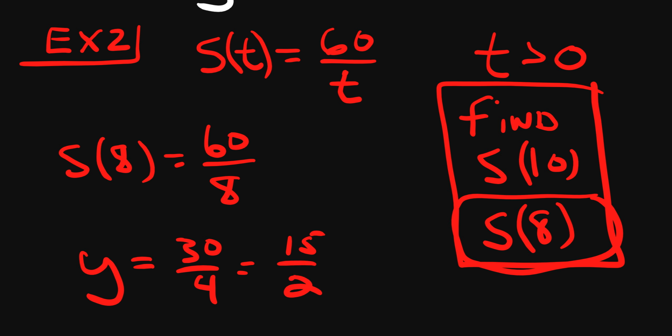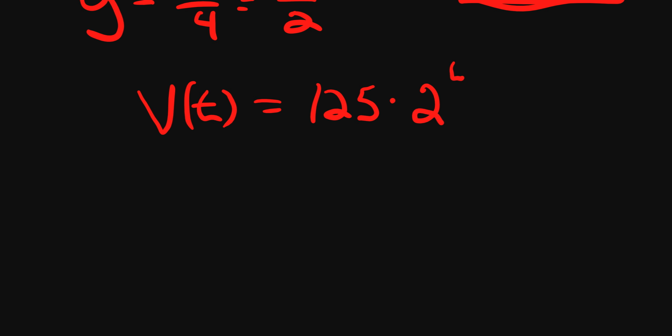And this function is v, I don't like red, but I'll use it one more time, v of t. And the function then is going to be 125 times 2 raised to the t over 5. Now that's an exponent there.